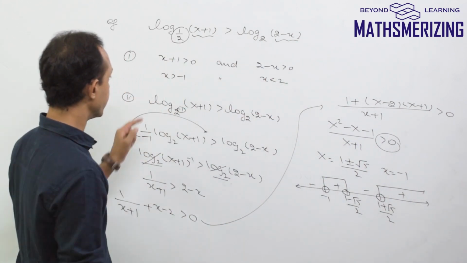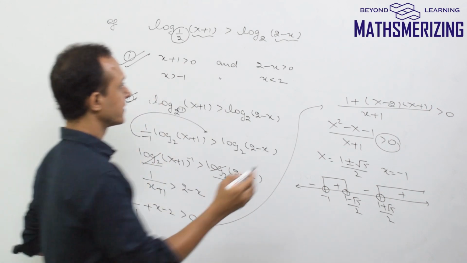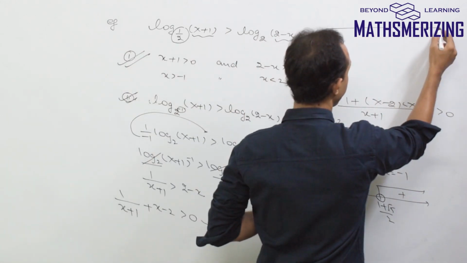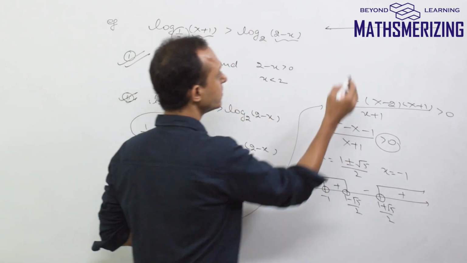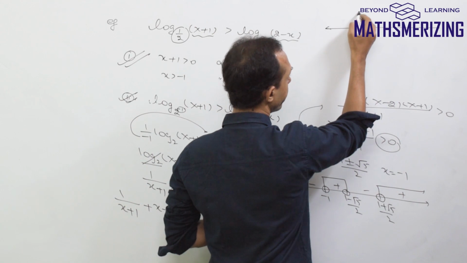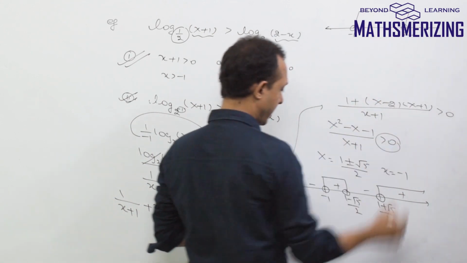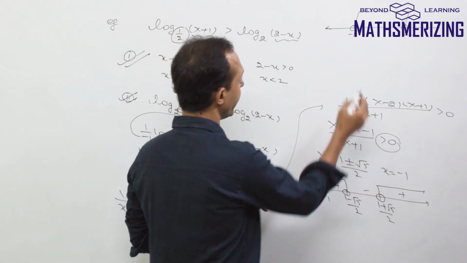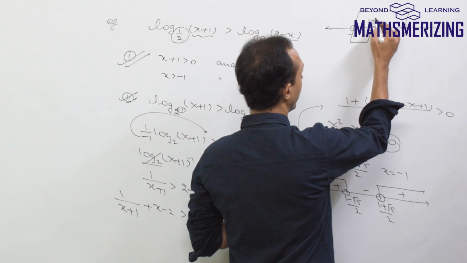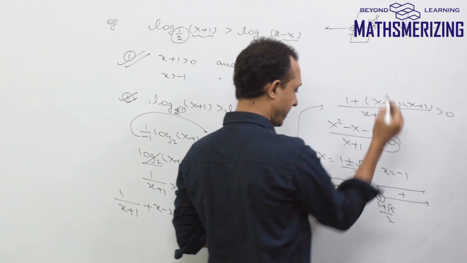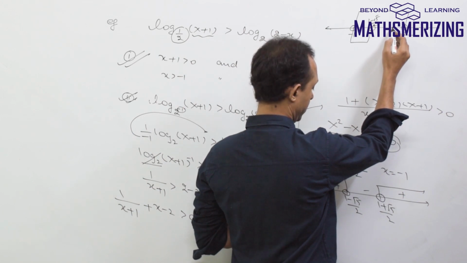Now I need to take the intersection of the first condition and the second condition. The first condition says x is greater than minus 1 and x is less than 2. And the second condition says x lies between minus 1 and 1 minus under root 5 by 2, and then it is greater than 1 plus under root 5 by 2.